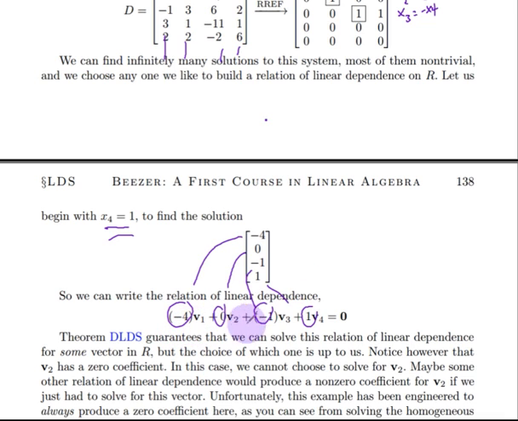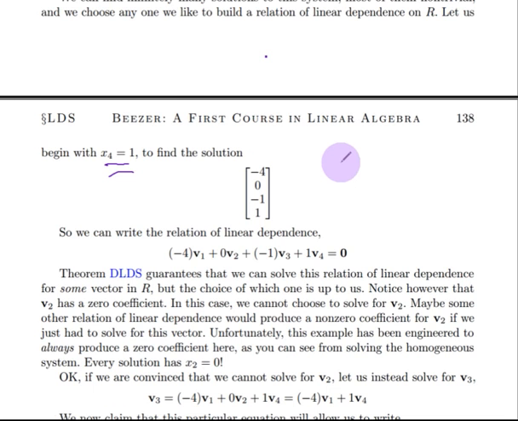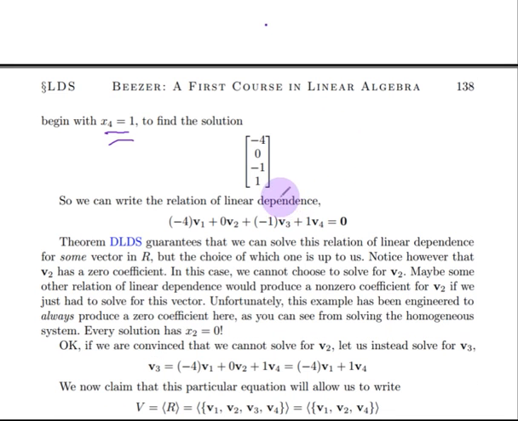Now look, I have a linear dependence relation here. Just like before, I can choose any one of these vectors that has a non-zero coefficient and express that in terms of the other ones. For instance, let's consider V3. V3 has a non-zero coefficient. If I add V3 to both sides, I get V3 is equal to minus 4V1 plus V4.